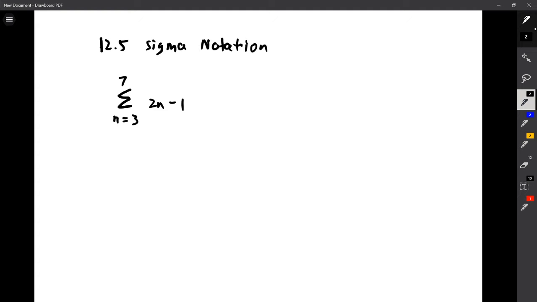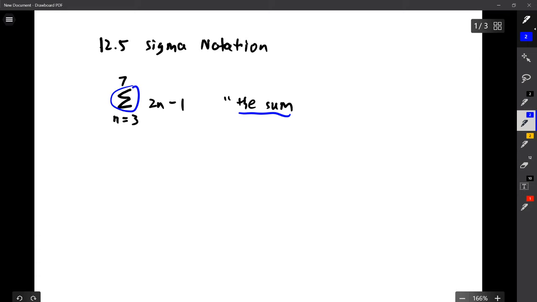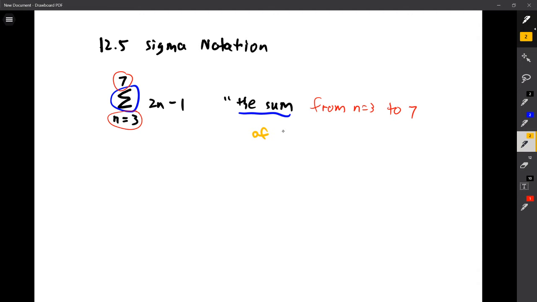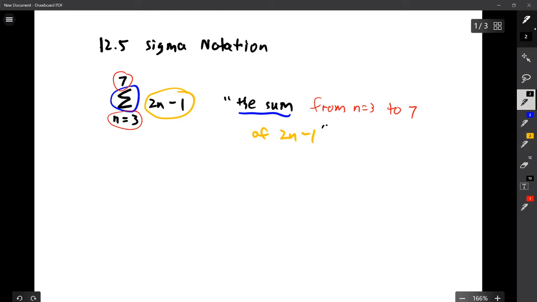So what we're finding is the sum of, and this is how this would be read: the sum from n equals 3 to 7 of 2n minus 1. That's how you would read that, okay?